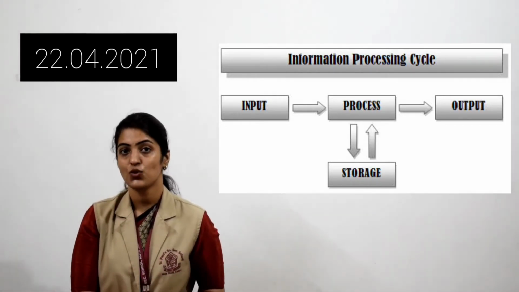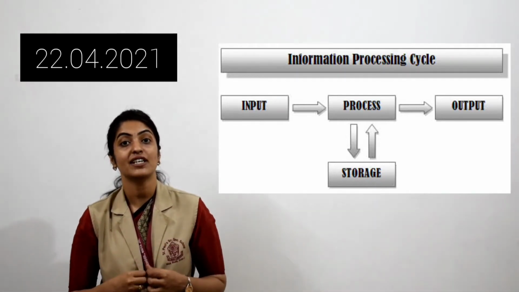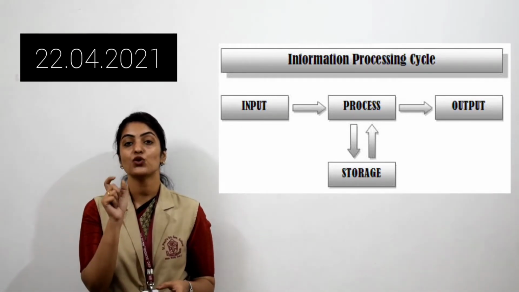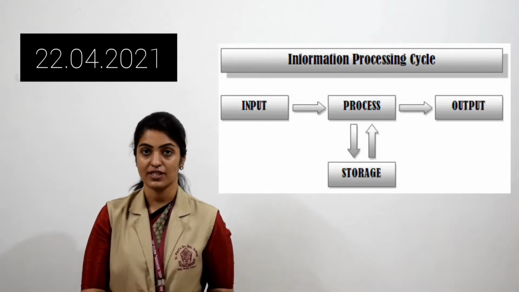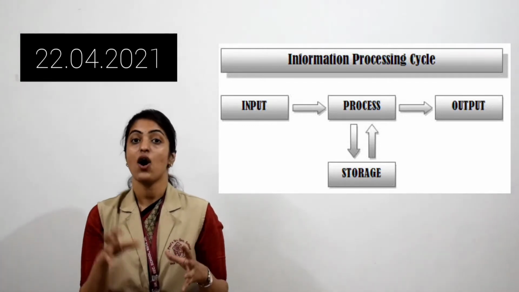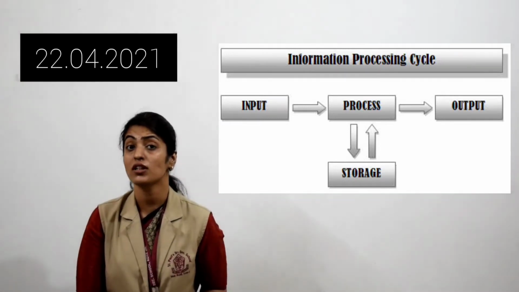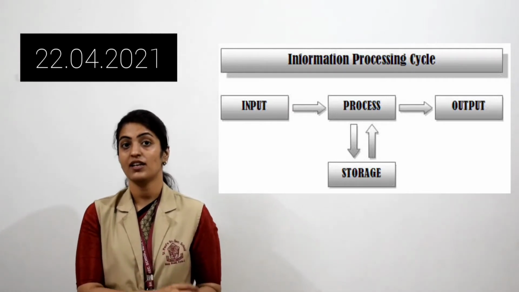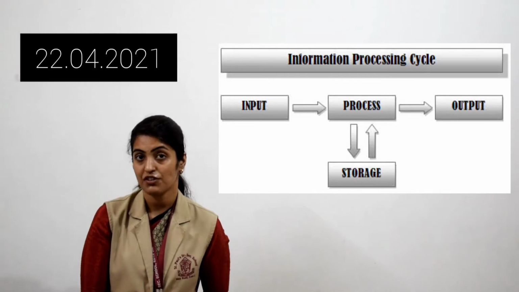Why do we need it? Because the values of whatever it calculates are stored in the storage device. After performing all the instructions and commands, the final data, the final information, will be sent to the output devices.